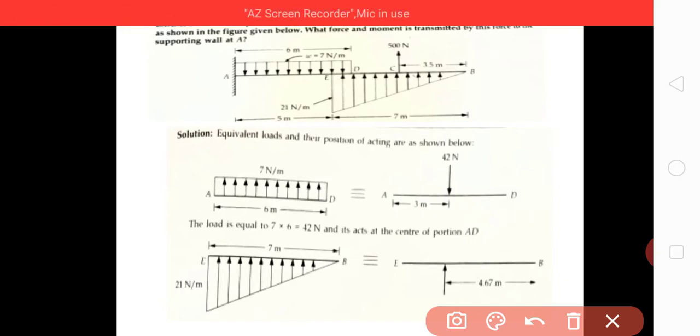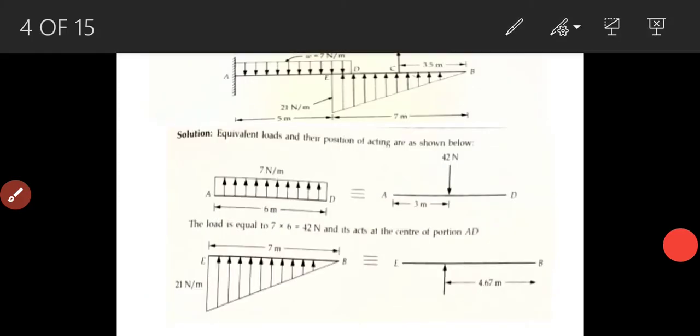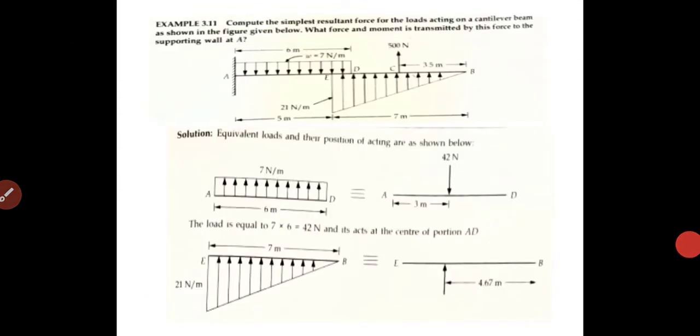Take this problem. Compute the simplest resultant force for the load acting on a cantilever beam as shown in the figure given below.